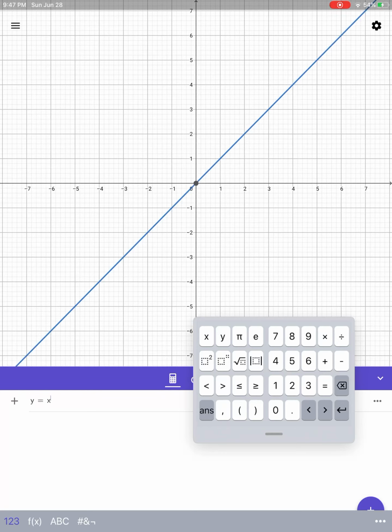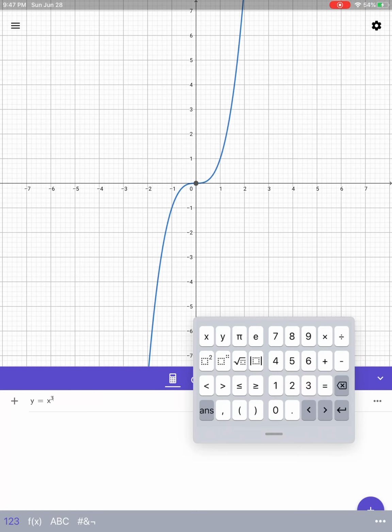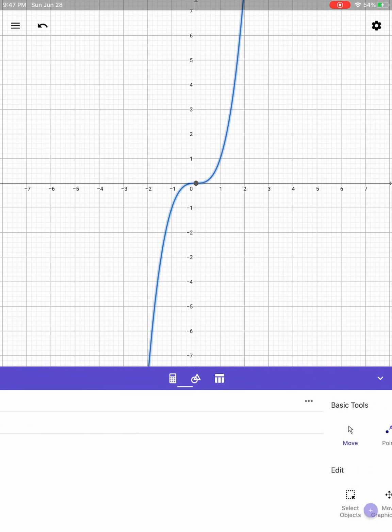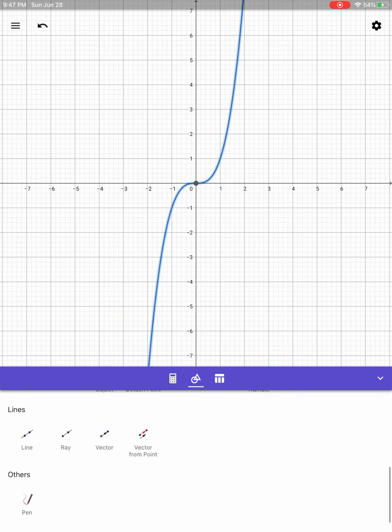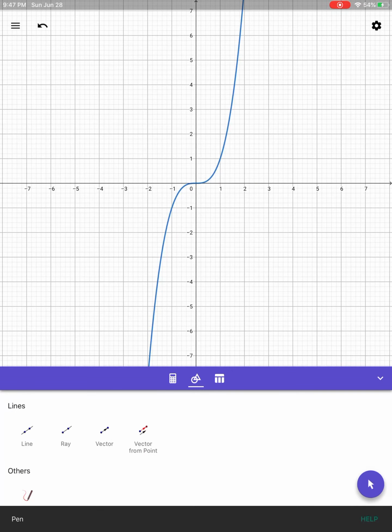So if I consider another equation, that is the odd function, y is equal to x cube. So you can see the symmetricity in the graph like this. This is symmetric about the origin.